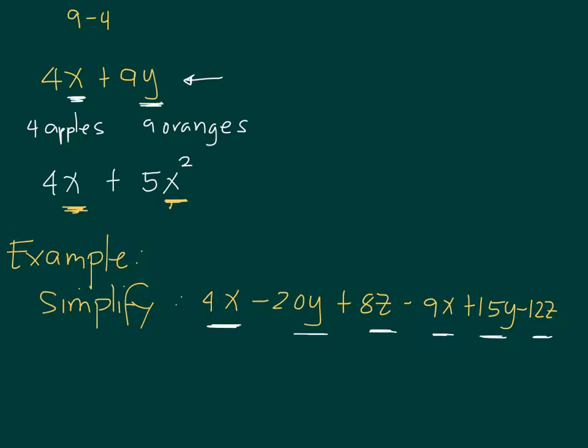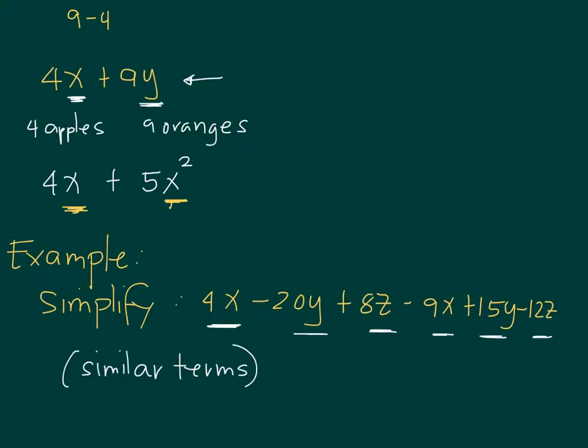From the initial discussion a while ago, the main idea is you can only add or subtract similar terms. Similar terms mean the same x, the same y, or the same z. So those are the only expressions that you can combine.